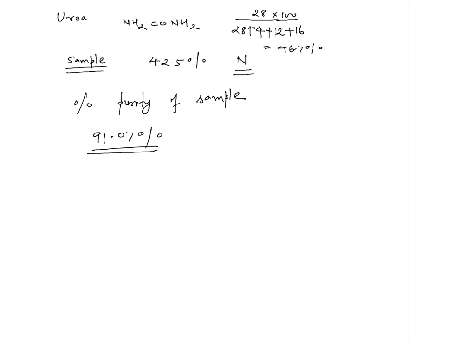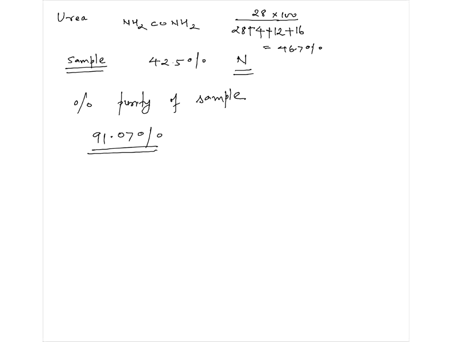Another problem based on the same concept of percentage purity. Urea, NH2CONH2. Some sample of urea was found to contain 42.5% nitrogen.